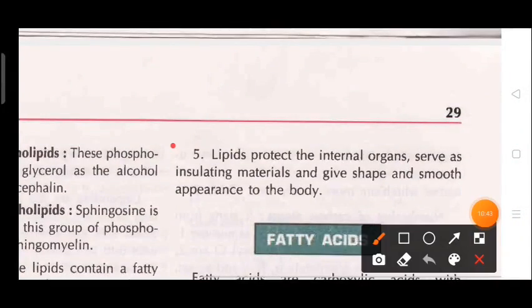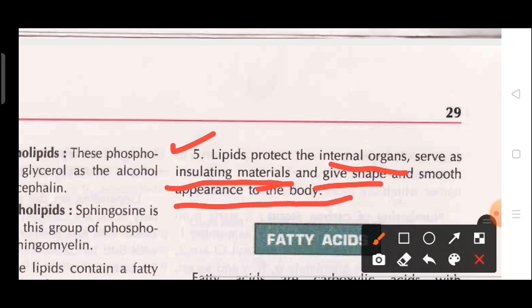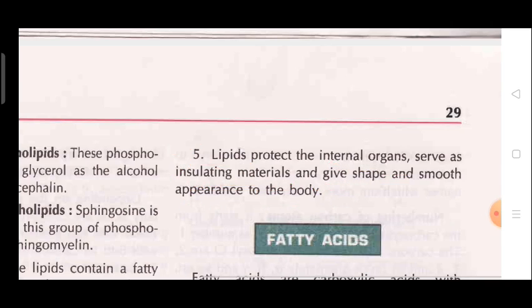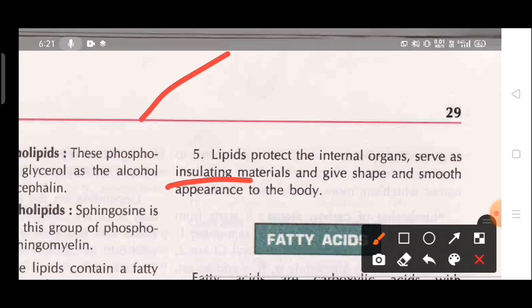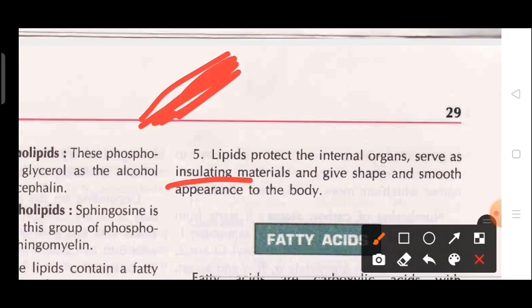The last function is that lipid protects the internal organs and serves as an insulating material, giving shape and smooth appearance to the body. In some animals it acts as an insulator. In polar bears, or animals that live in cold regions, they are protected because they have a large fatty content under their skin.